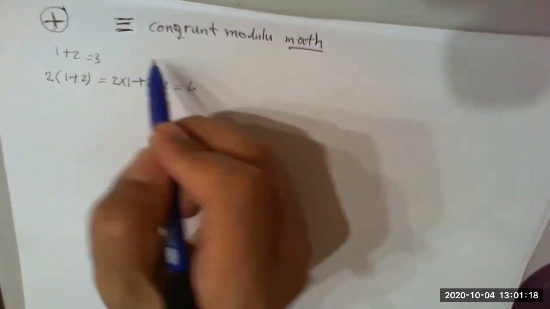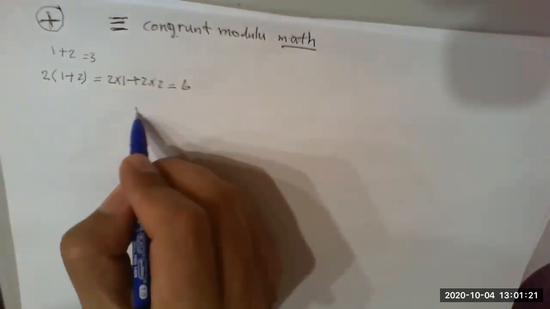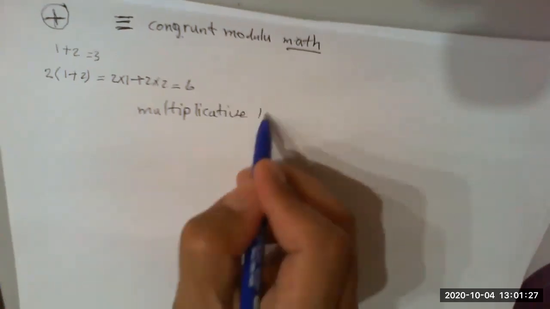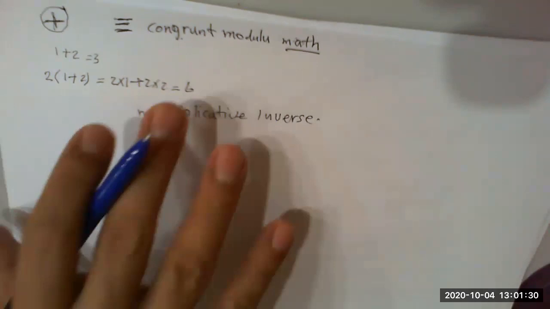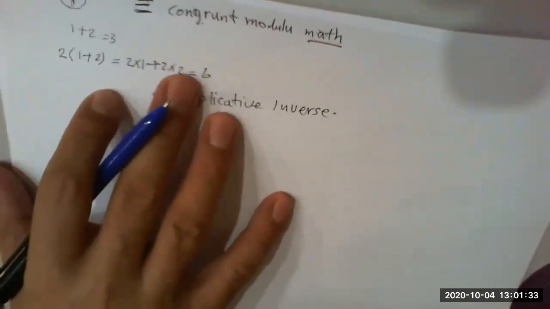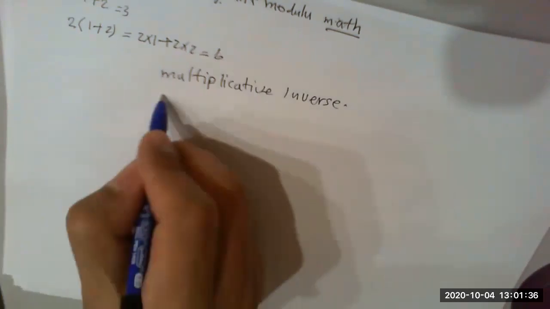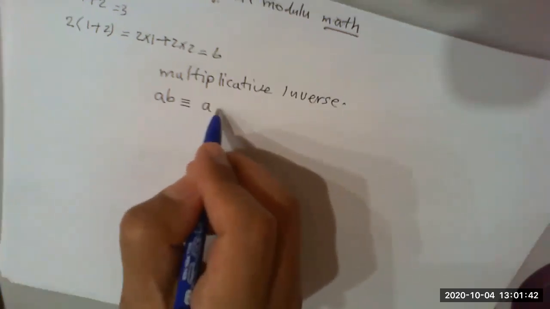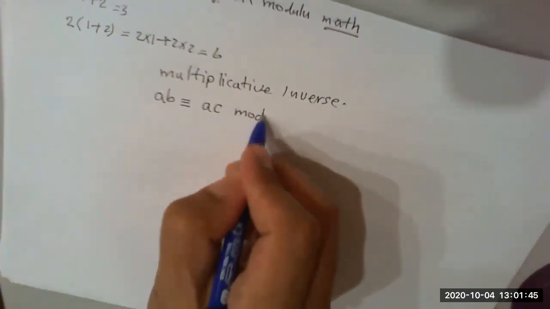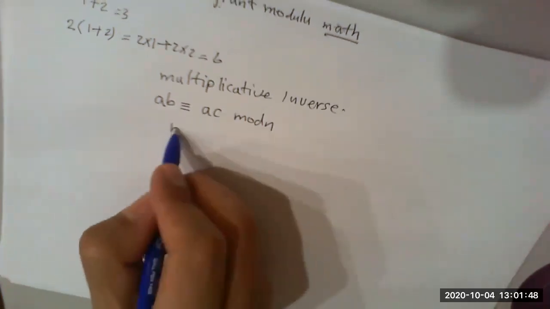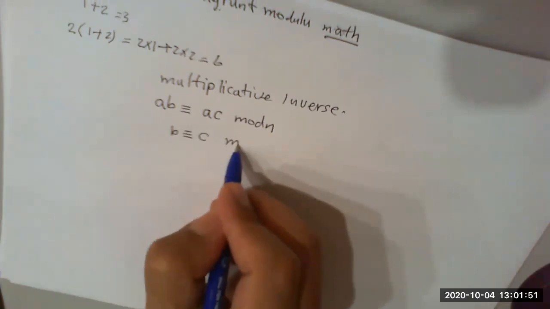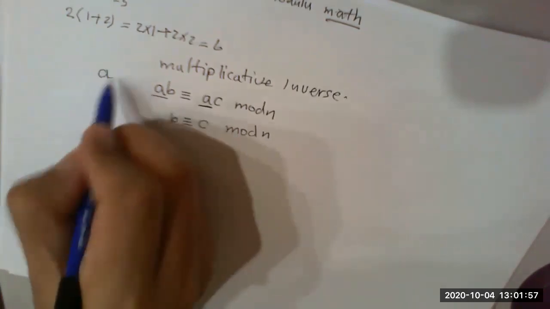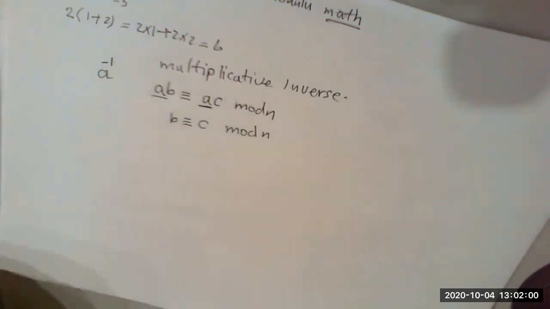I'm continuing to add another very important property, which is the multiplicative inverse. For example, if I have A B, and I'm saying it is congruent with A C mod N, I can have B is congruent with C mod N. Just because I can multiply A by its multiplicative inverse, which is A minus 1.